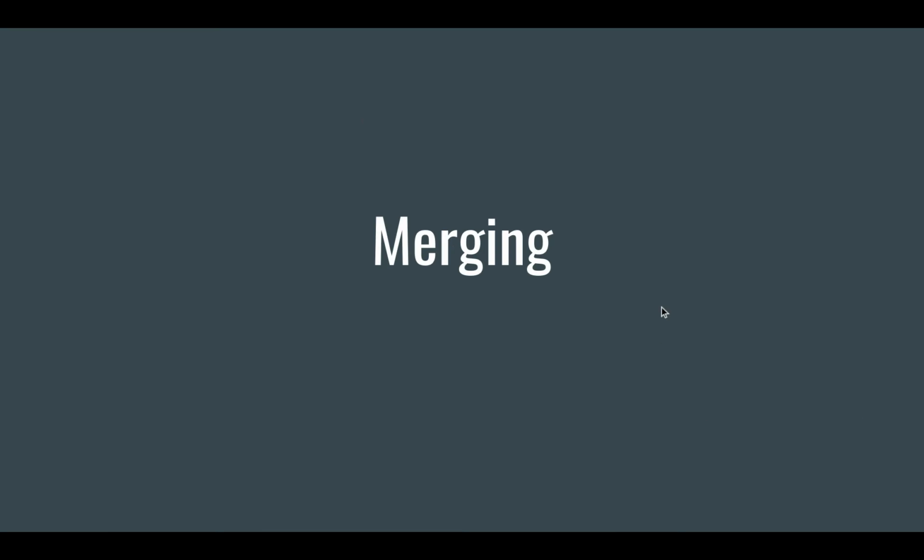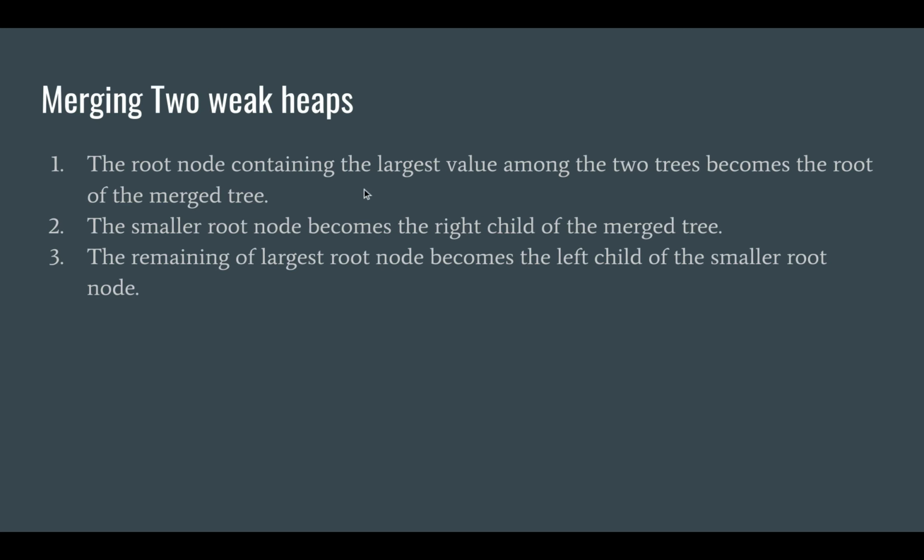So next we will see the operations of a weak heap. The first operation is the merging of two weak heaps. There are three steps to merge two weak heaps. The first is that the root node containing the largest value among the two trees becomes the root of the merged tree.